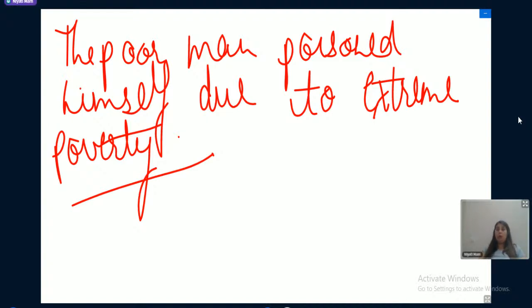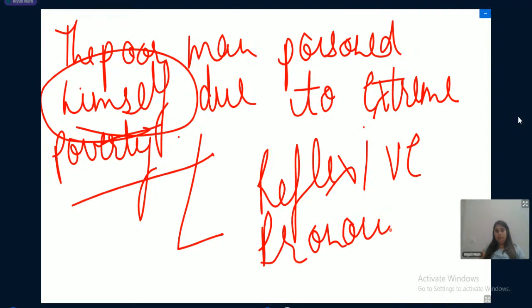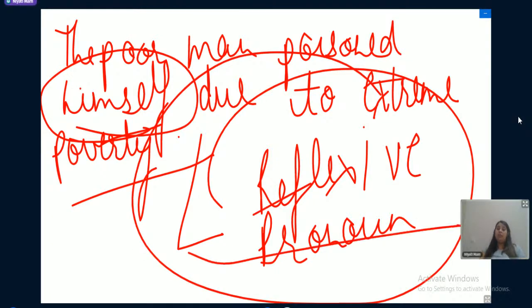If I talk about the subject in this sentence, the subject is the poor man. What is the action here? He poisoned. He poisoned whom? He poisoned himself. The one who is performing the action and the one on whom the action is being performed are both the same person. And if subject and object are the same person, then the object is the reflexive pronoun here.